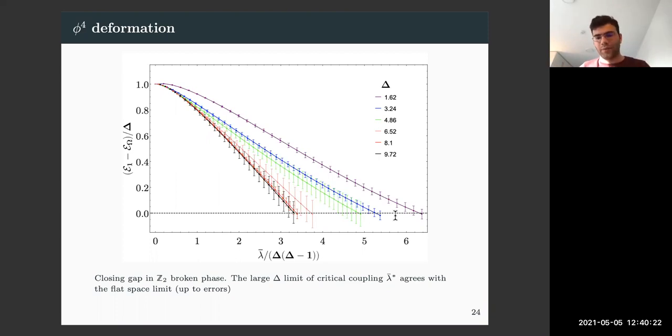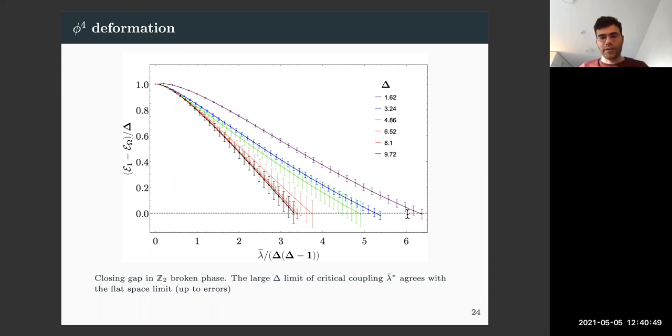And one thing that we would like to look at, to see if we are recovering the flat space limit, is that as we increase delta, and delta is equal to MR, so large radius is equivalent to large delta. As we increase delta, do we recover the flat space limit?